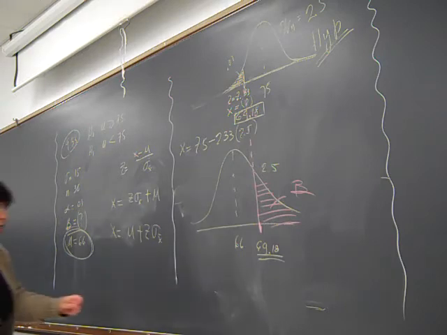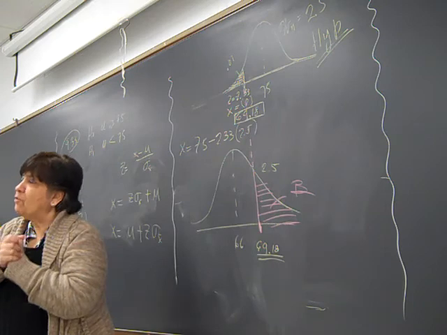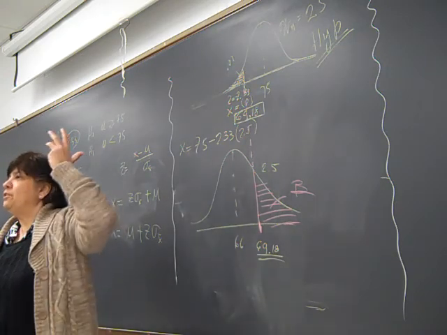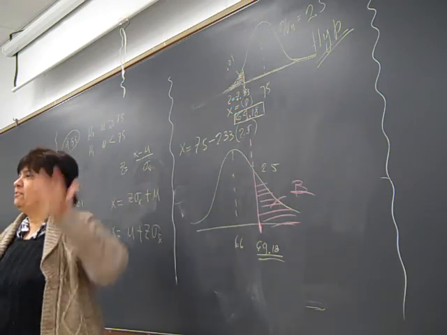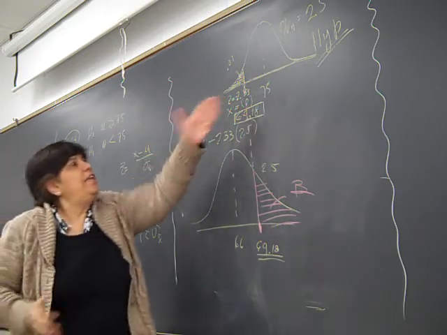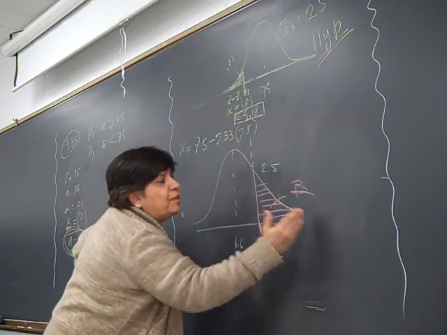And I want you to look at the graph. Remember when I told you that when you increase alpha, you decrease beta, and when you decrease beta, you increase alpha, and vice versa, right? So it goes in the opposite direction. Look at this. If you increase alpha over here, of course you decrease beta.